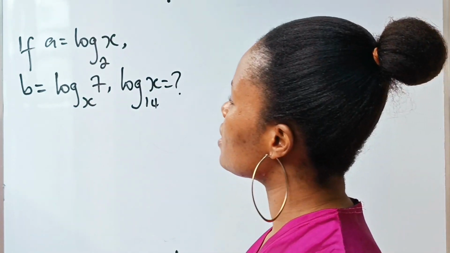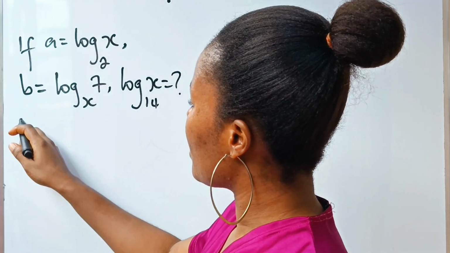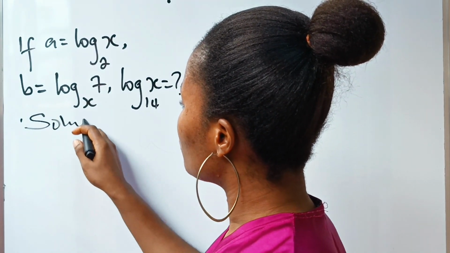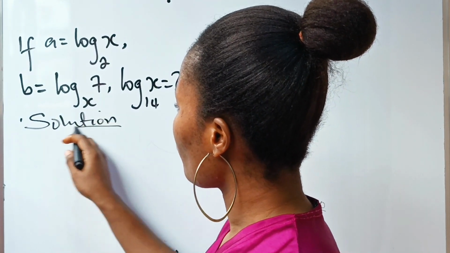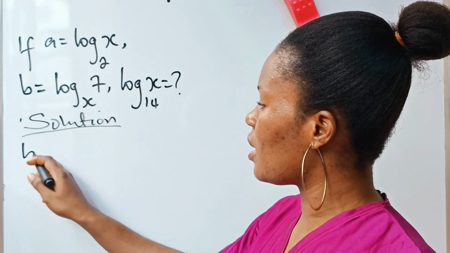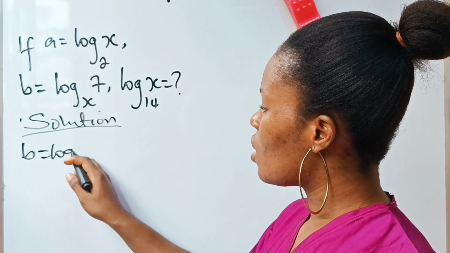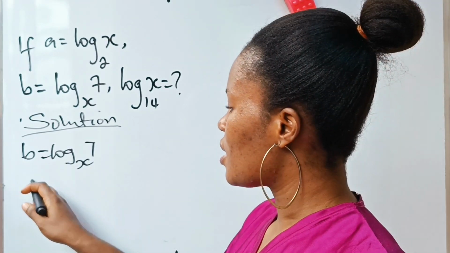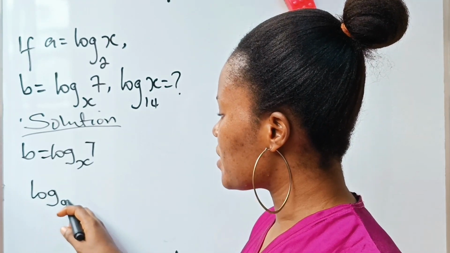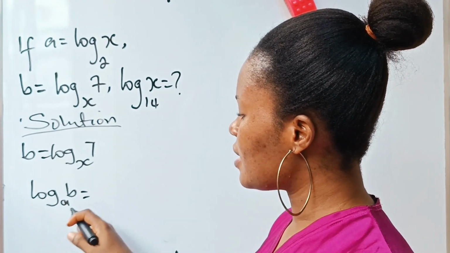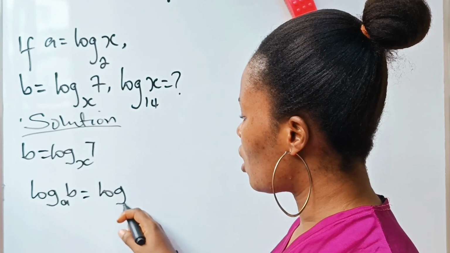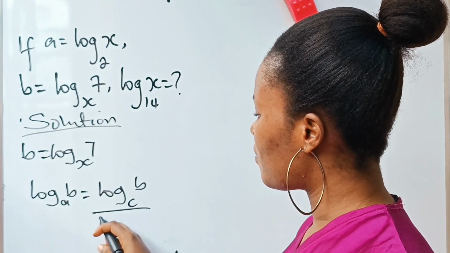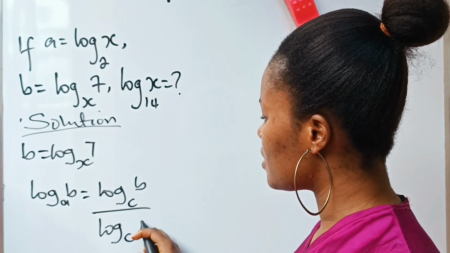Now let's solve this. So we have that b is equal to log to base x of 7. Now recall that if you have log to base a of b, this can be written as log to base c of b divided by log to base c of a.